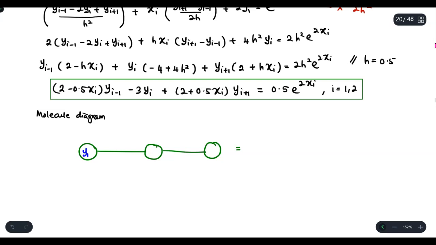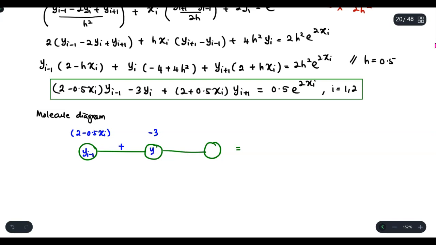So yi minus 1 here, the coefficient we put at the top here. So this is the coefficient, 2 minus 0.5 xi. And here you have minus 3, or basically you can put plus here, but somewhere here you need to put negative 3.